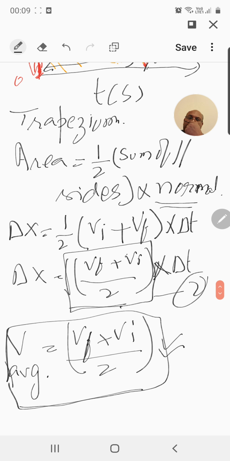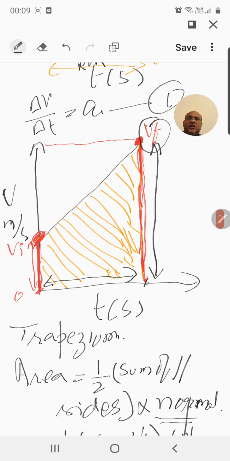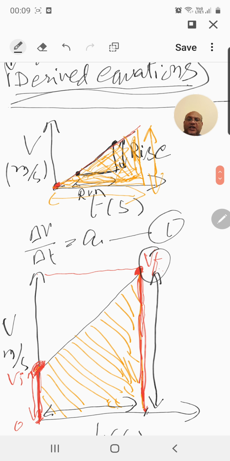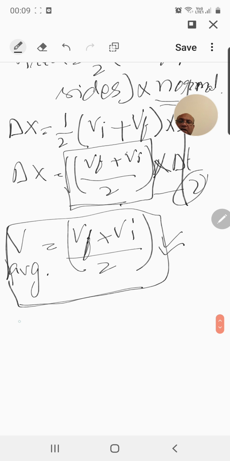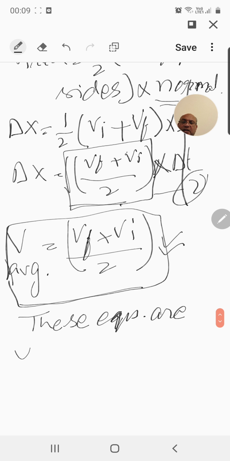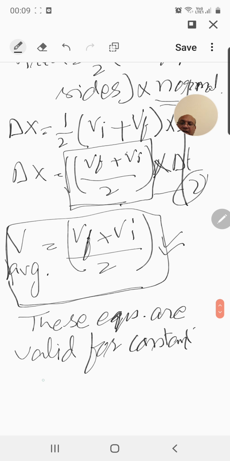Now the last thing that I want to describe in this video is that all these equations of motion that you have discussed here, 1 2 3 4, are valid only for constant acceleration only.